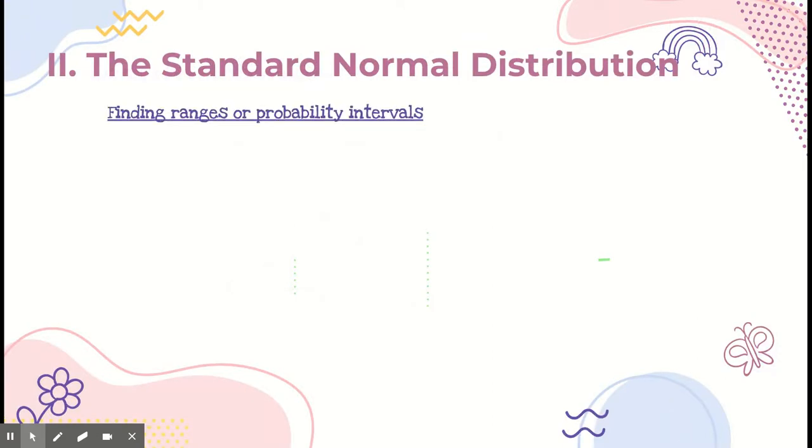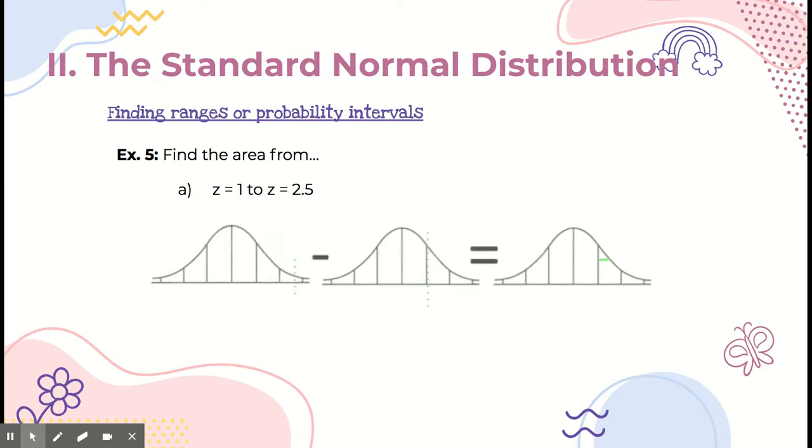Now let's take a look at finding some ranges or probability intervals. These are spaces that are in the middle of our graph. So for example, let's say we wanted to find the area from z equals 1 to z equals 2.5. Okay, so in the first two graphs, we have z equals 2.5, which from left to right is the greater area.